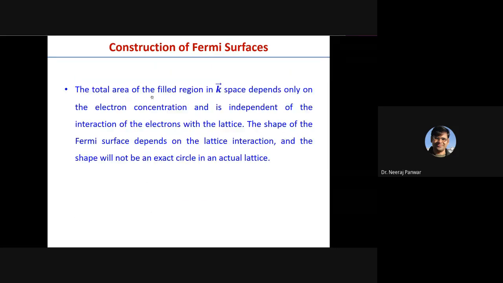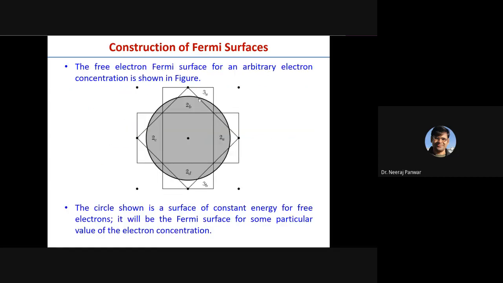The total area of the filled region by the Fermi surface in k space depends only on the concentration of electrons, and it is independent of the interaction of electrons with the lattice. What I am saying is that the area of this circle is solely dependent upon the concentration of electrons.